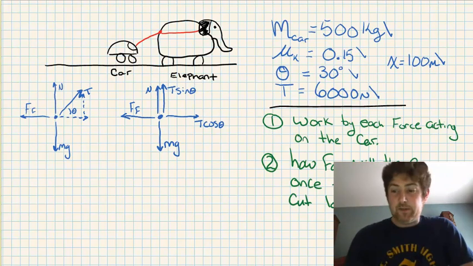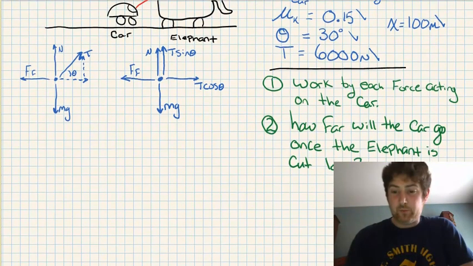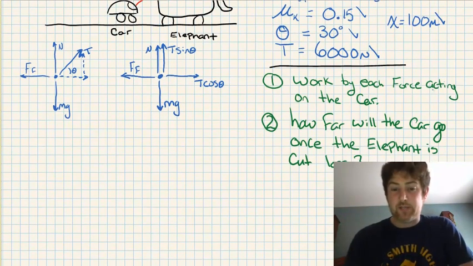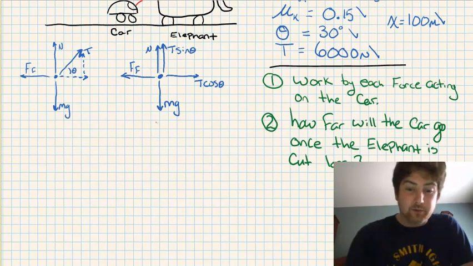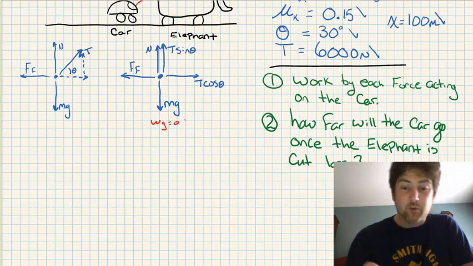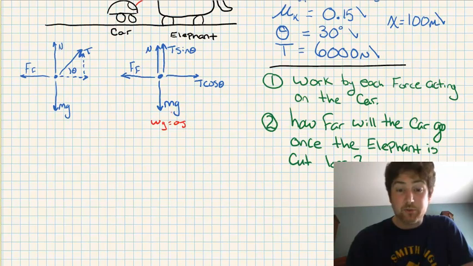Alright, and they ask us in the first question, what is the work done by each force acting on the car? Well, we can go ahead right now and say that the work done by gravity is 0 joules, because it is perpendicular to the motion. It doesn't contribute to the motion, so it doesn't add any energy.